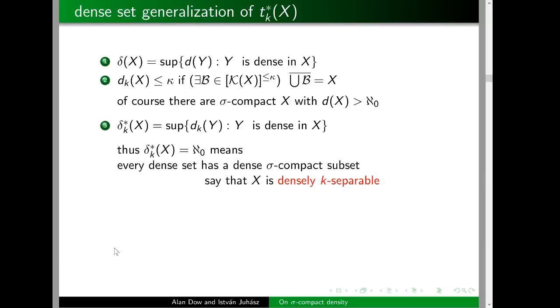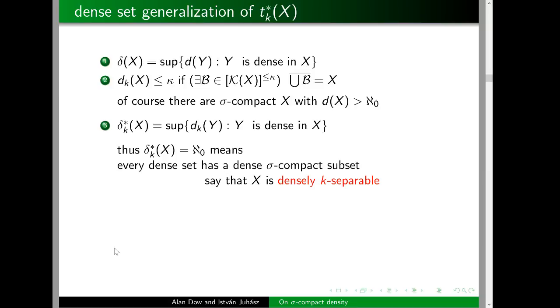You take an arbitrary dense subset Y of X and ask how many compact subsets of Y you need so that the union is dense in the space, not just in Y. Of course, kappa many compact subsets of Y dense in Y will be dense in X. The one that would be most interesting is countable delta k star, and let's call that densely k separable. K for compact. That's the name we came up with.